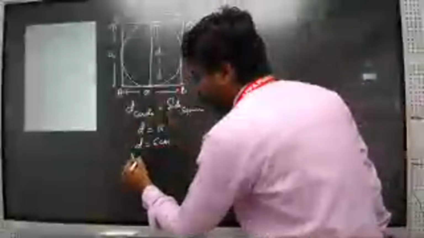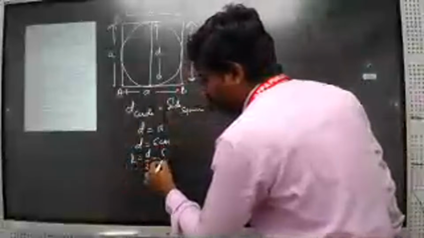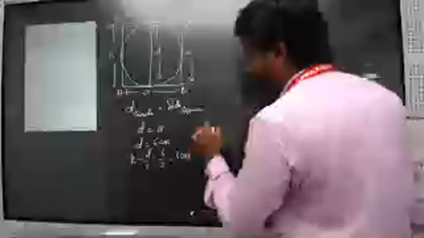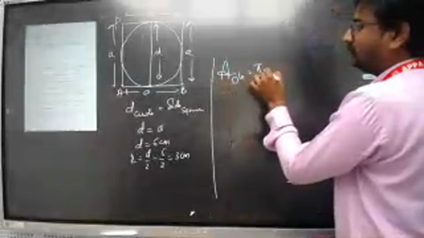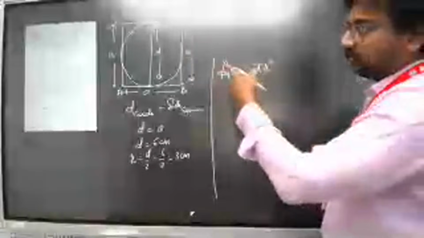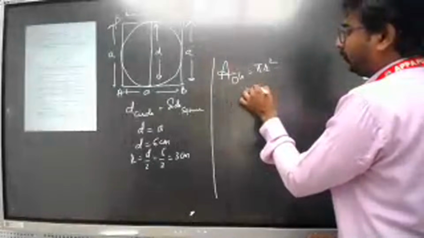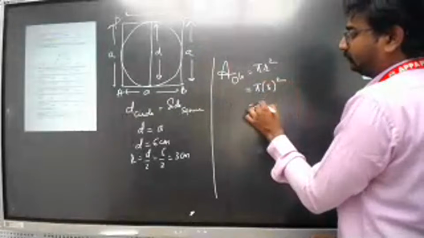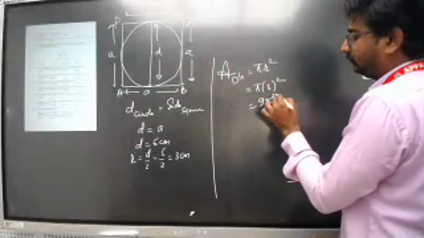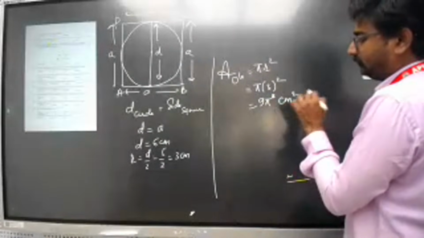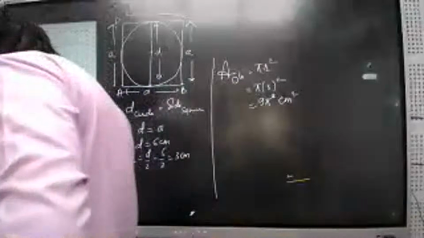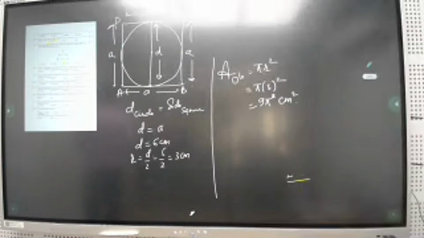Then what will be the radius? 3. When the radius is 3, I have to find the area of the circle, which is nothing but pi r square. Check in the option, did they substitute the pi value? Pi into 3 square, 9 pi centimeter square. Complete this.